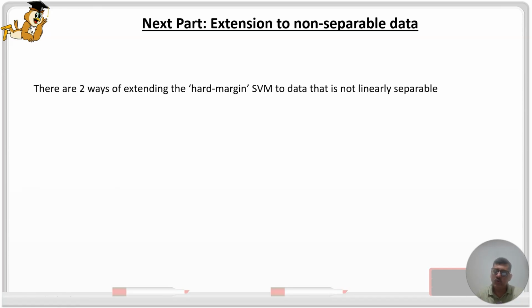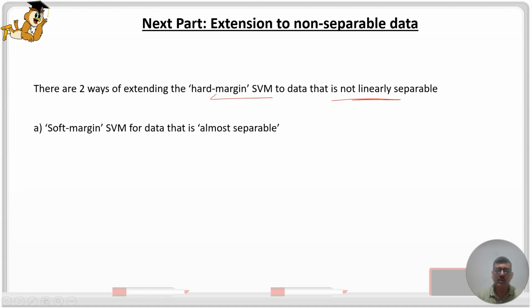How are we going to do that? A sneak preview. There are two ways of extending the hard margin SVM to data that is not linearly separable. We use something called a soft margin SVM for data that is almost separable.